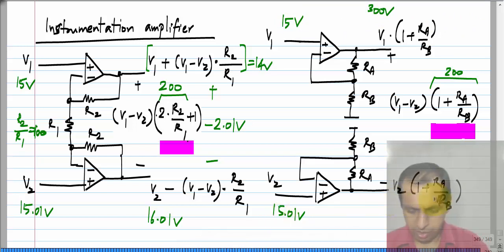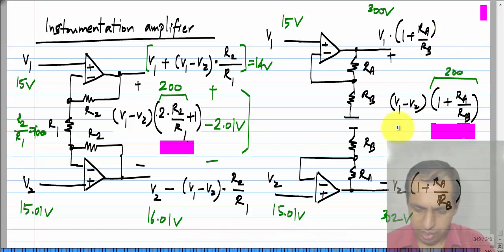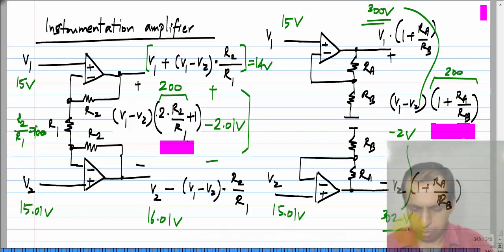And this one will be 15.01 times 200, which is 302 volts. So, you can see that the difference output is minus 2.01 volts here and minus 2 volts over there, 300 minus 302, but the individual voltages are much higher in this case.